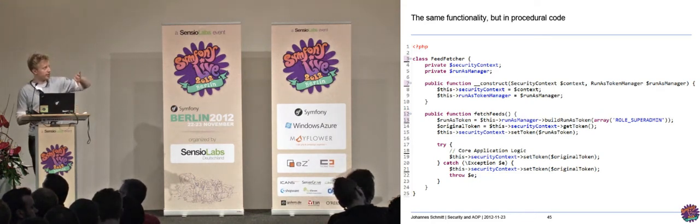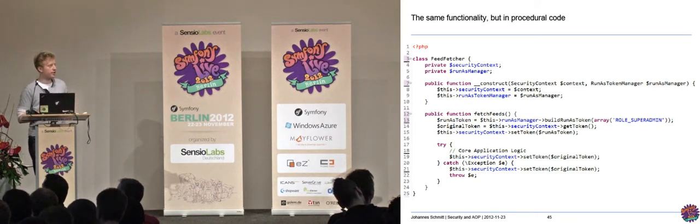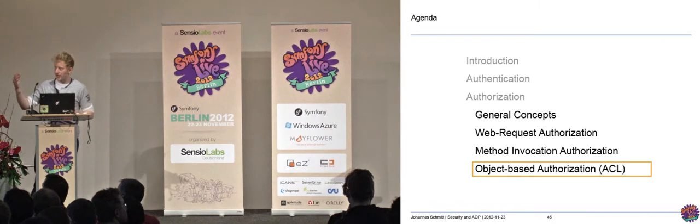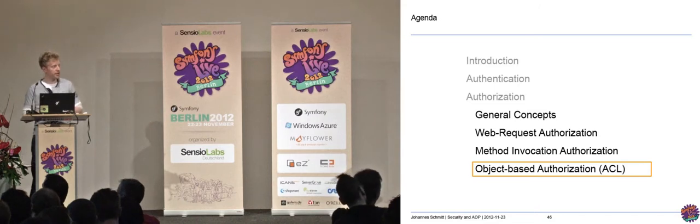We have to make the feed fetcher aware of the security classes. So we basically need to inject our security context. We need to inject the run as token manager. And then we have to do several things in the fetch feeds method. We would have first to build a superadmin token, which we temporarily inject into the security context.